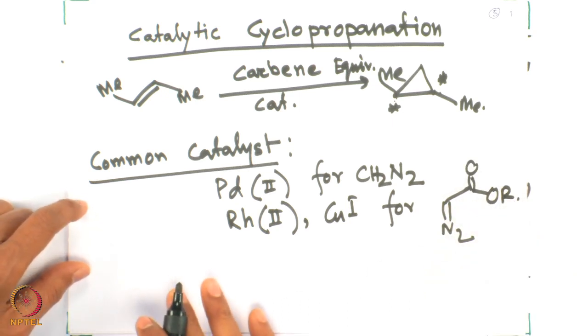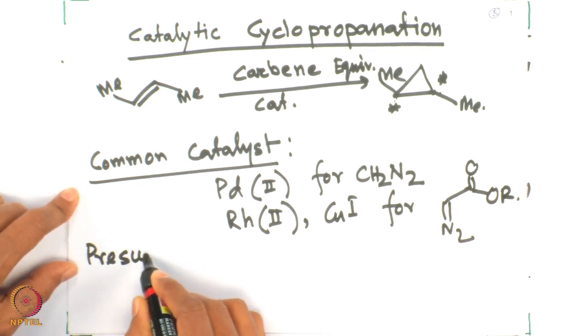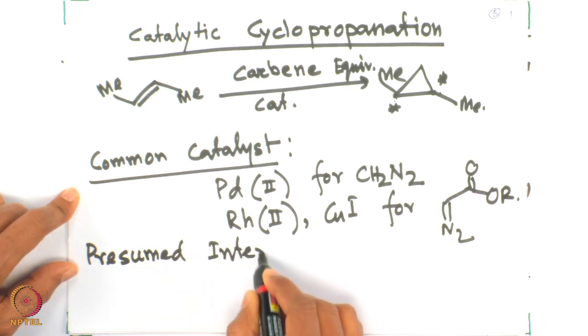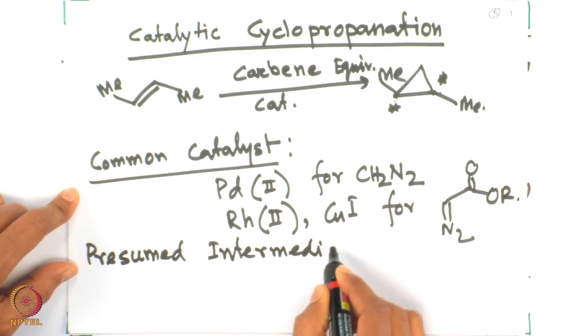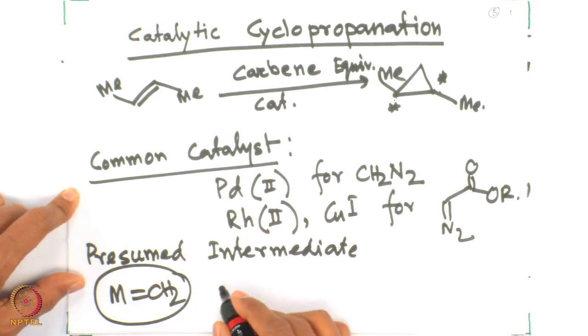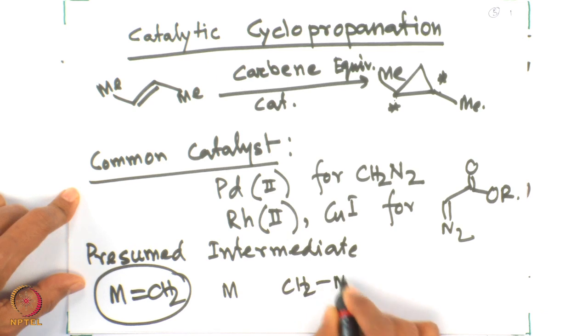Now, it also becomes important how these reactions are working. We can have a presumed intermediate for these cases, which is nothing but a metal carbene equivalent. Of course, that is what is forming, but how it might be forming, let us look at the diazomethane one.